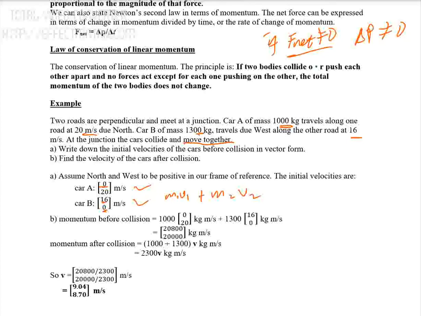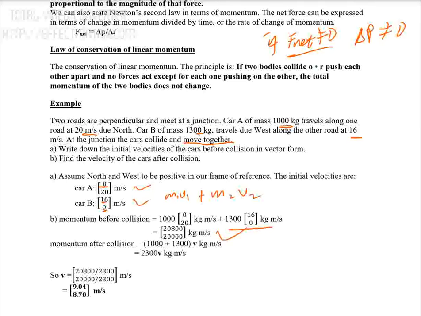Therefore, you must take the product, and for the second also, you must take the product. Therefore, when you multiply this, you get 0 and 20,000, and multiplying this, it's around 20,800, and this one is 0. Therefore, combining these two, you must add x with x and y with y. Finally, you get the initial momentum this much.